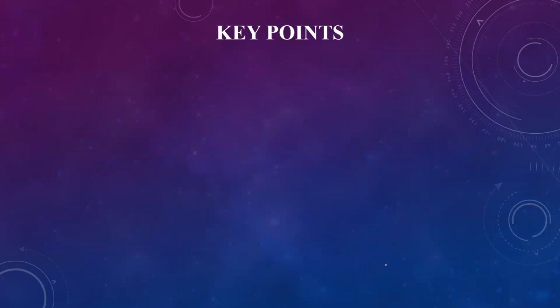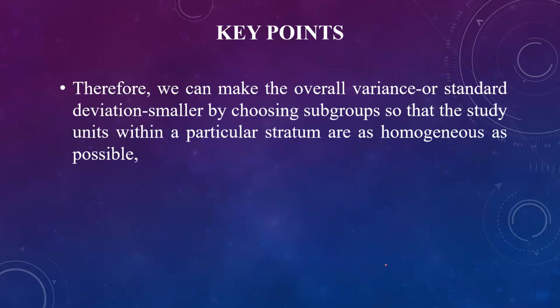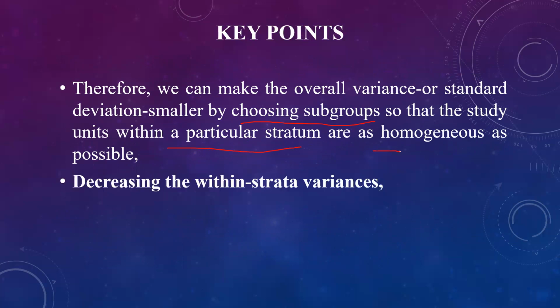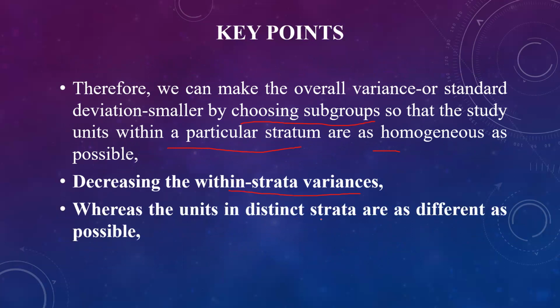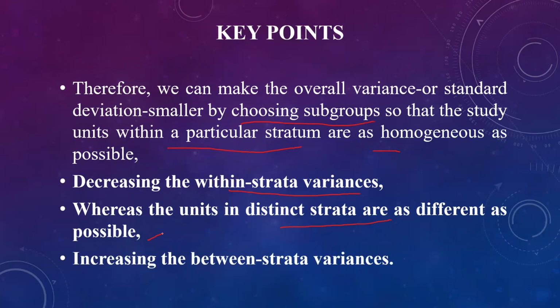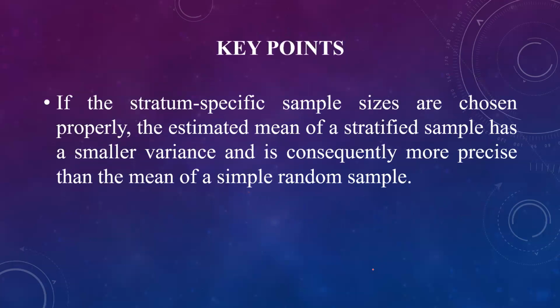From that point of view, we can make the overall variance or standard deviation smaller by choosing subgroups so that the study units within a particular stratum are as homogeneous as possible, decreasing the within-strata variances, and the units in distinct strata are as different as possible, increasing the between-strata variances.